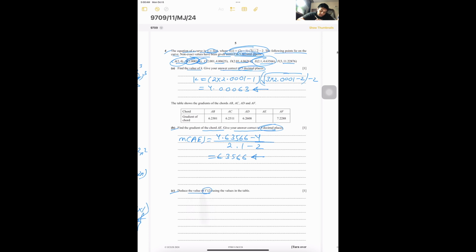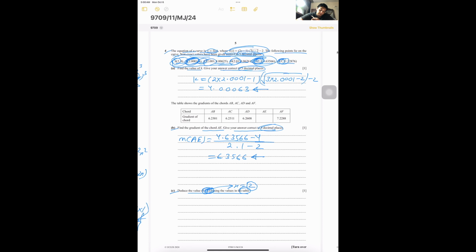Part C. Deduce the value of f prime 2 using the values in the table. For x equal to 2, we have to see which values here are nearest to x equal to 2. I can see these four are nearest, and this is slightly further, this is the furthest.